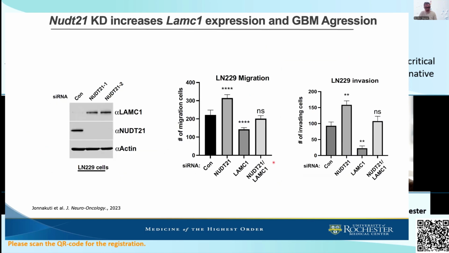We focused on LAMC1. When we deplete that protein with siRNA or delete NUDT21, we could see that not only was there shortening of LAMC1, but its protein levels were massively upregulated.